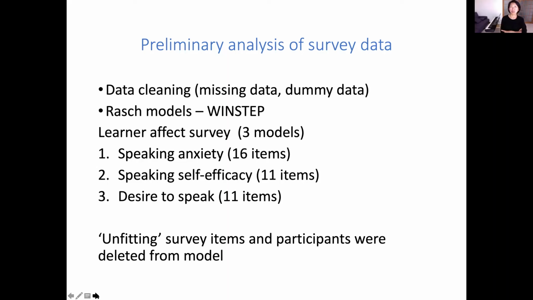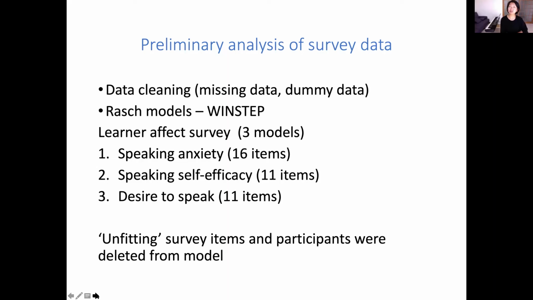Okay, so basically, in one of the 2 surveys I conducted, I wanted to see if there were changes in student speaking anxiety, speaking efficacy, desire to speak. And for each of these latent constructs, I prepared a number of items. So for example, looking at construct number 1, speaking anxiety.